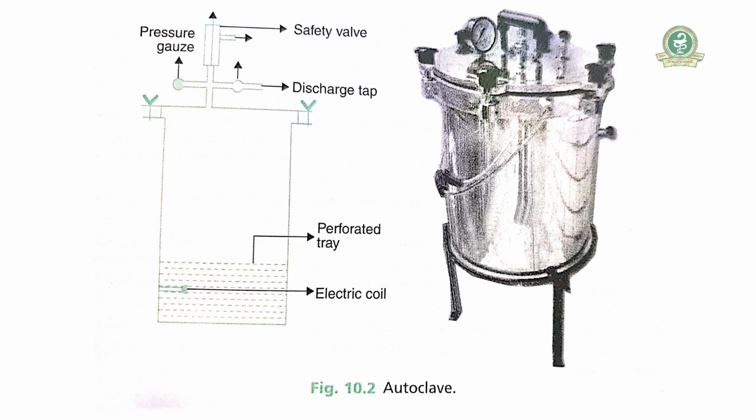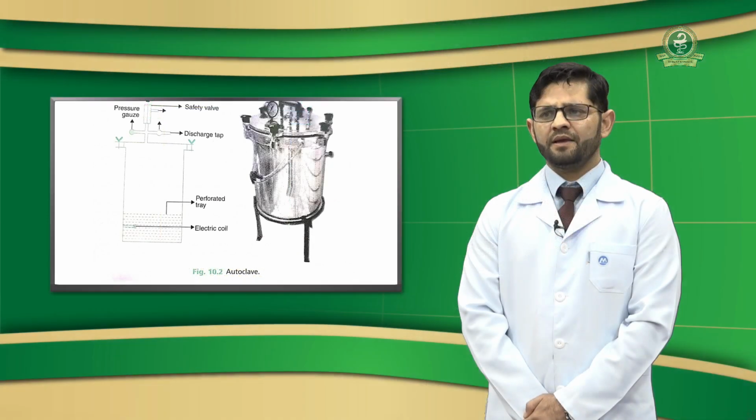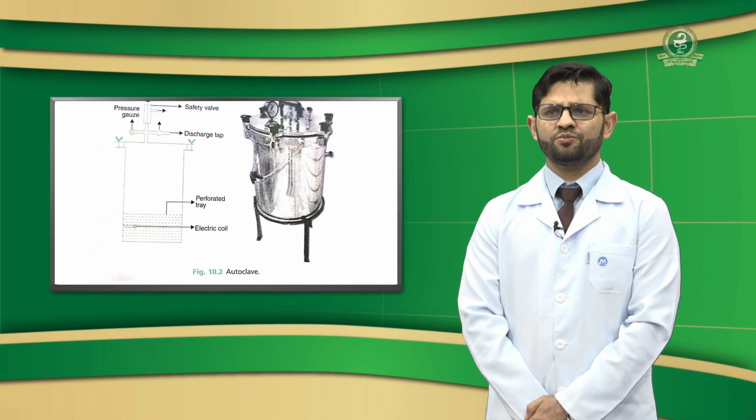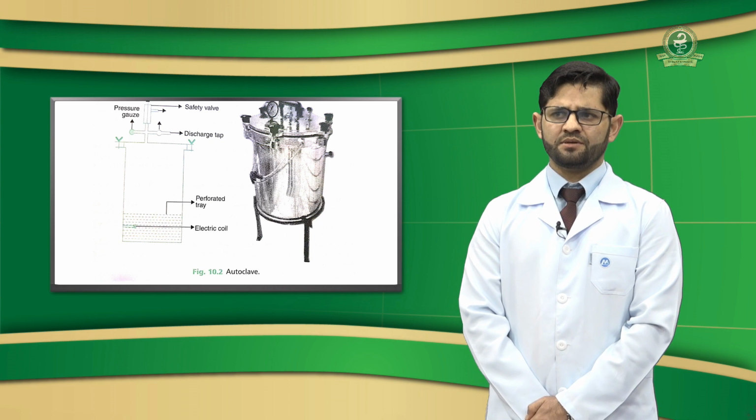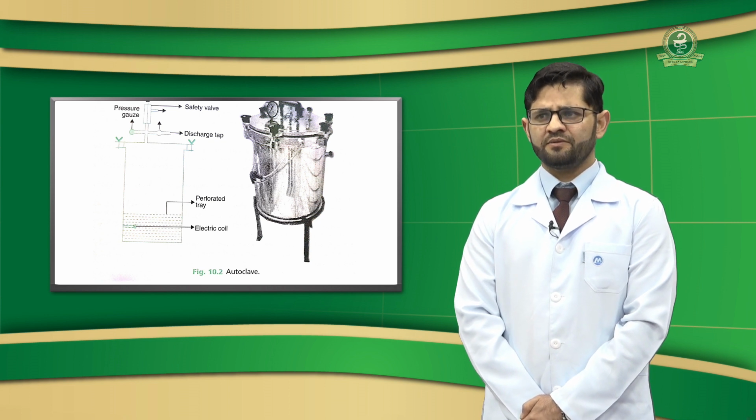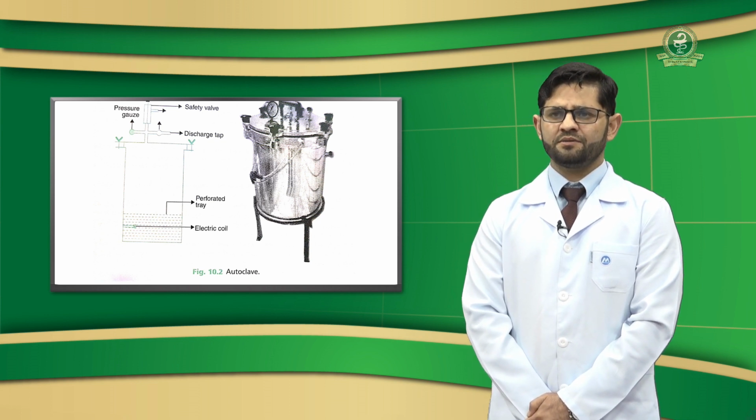This is the structure of the autoclave, and it is composed of pressure gauge, safety valve, discharge tap, perforated tray, electric coil, and here are also present drum, lockers, and barometer, which is used for recording of internal pressure, and there must be the presence of weight.